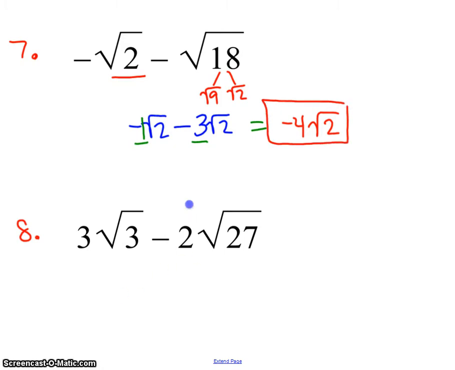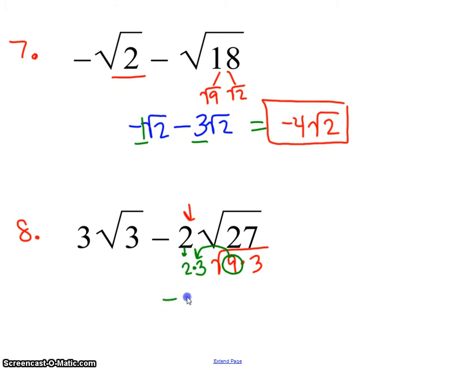Now what happens if there's a number outside already? So 27 is 9 times 3. Square root of 9 is 3, but because there's that 2, you have to multiply it with the 2 on the outside.